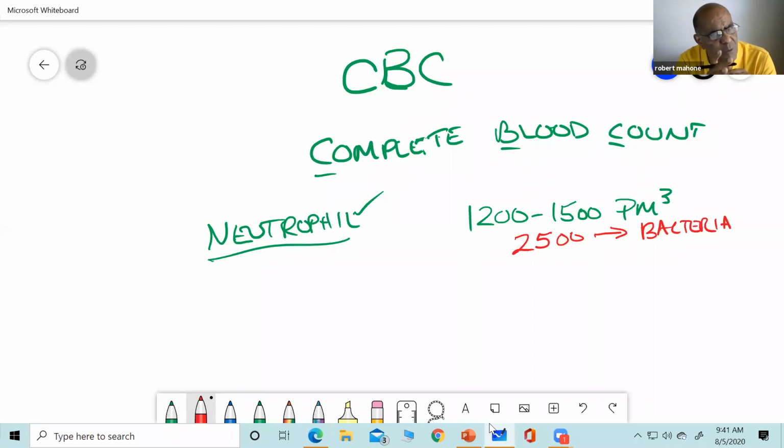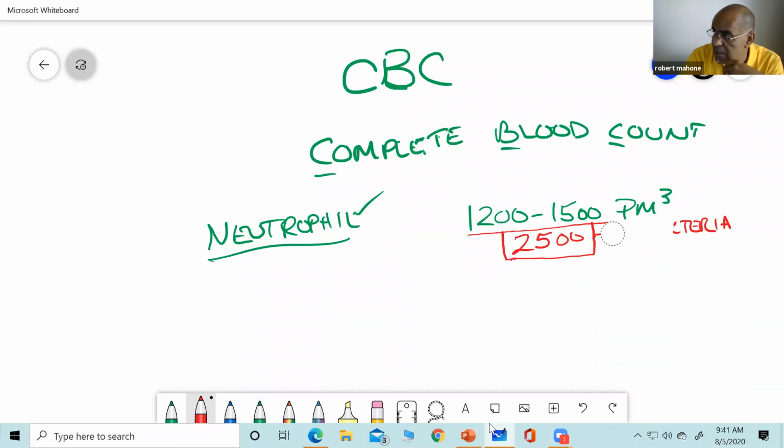Because by law, whenever you send down a lab sample for a cell count, it's going to come back just like this. On the lab slip or on the computer screen, when they send the results, it's going to show you the normal range. And if your patient's count is outside that normal range, it has to be printed in a contrasting color.